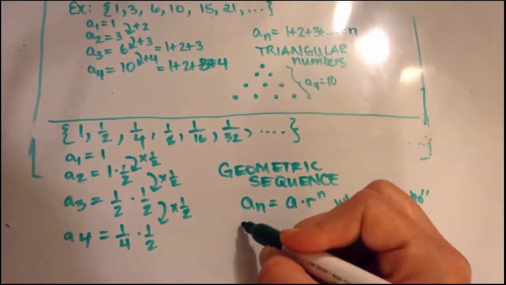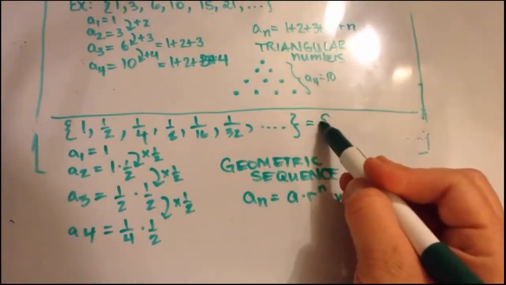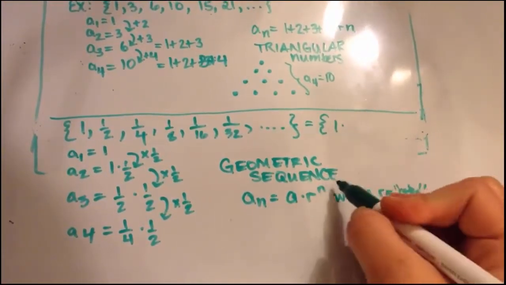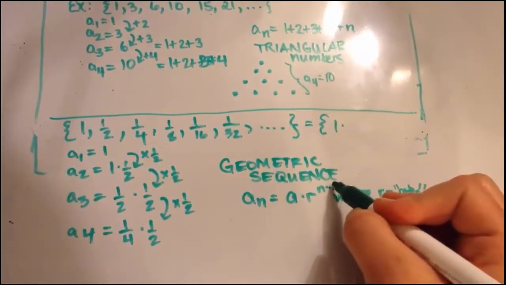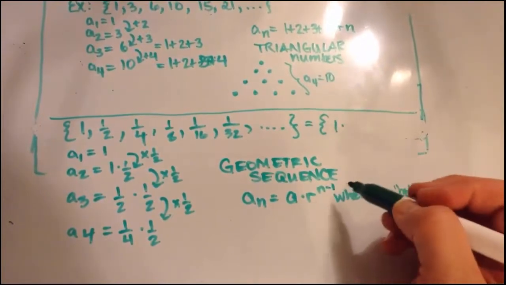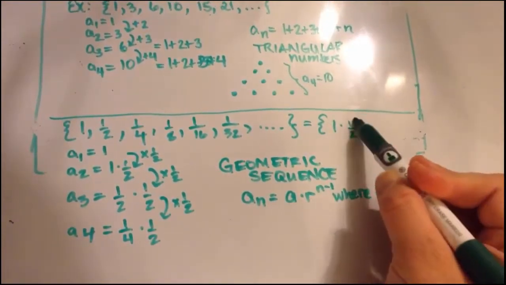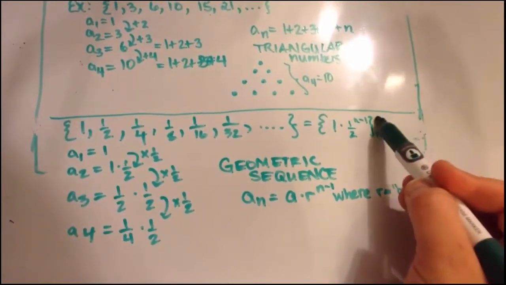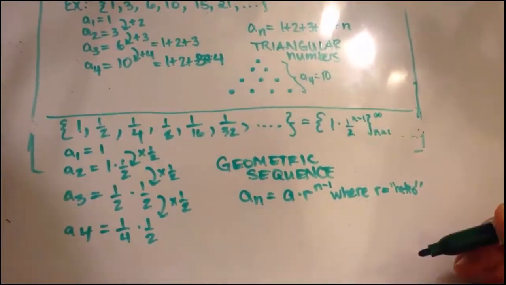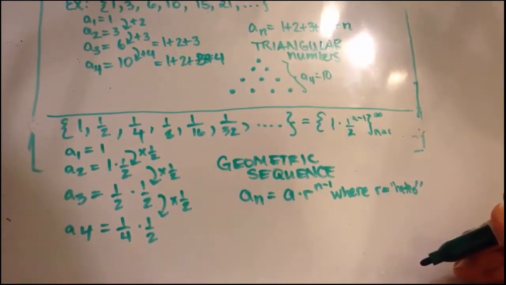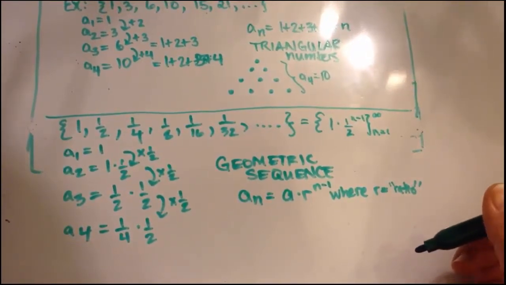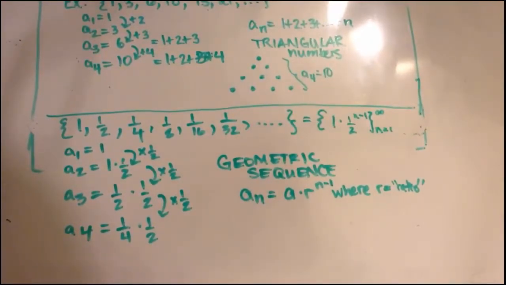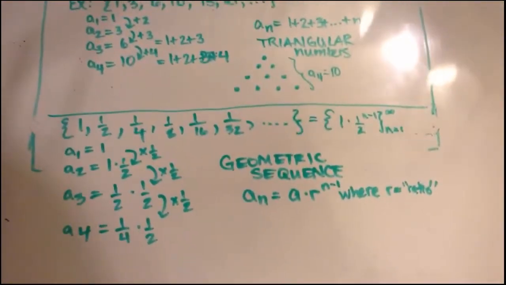In our example, the way I drew the geometric sequence here, it's really a times r to the n minus 1: 1 half to the n minus 1, where n goes from 1 to infinity. That would represent the particular sequence I've listed here. So that's a second example of a sequence. Let's do another one.